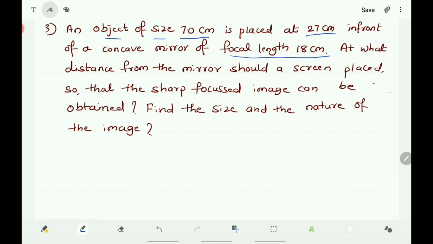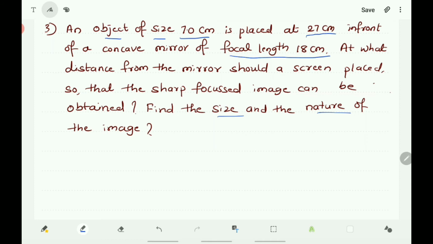What we have to find out? At what distance from the mirror should a screen be placed? It is nothing but the distance of the image, and the size and nature of the image are also to be found out. Note down what is given.